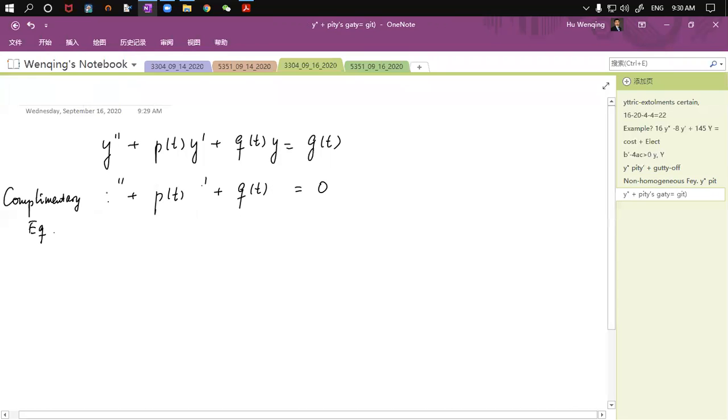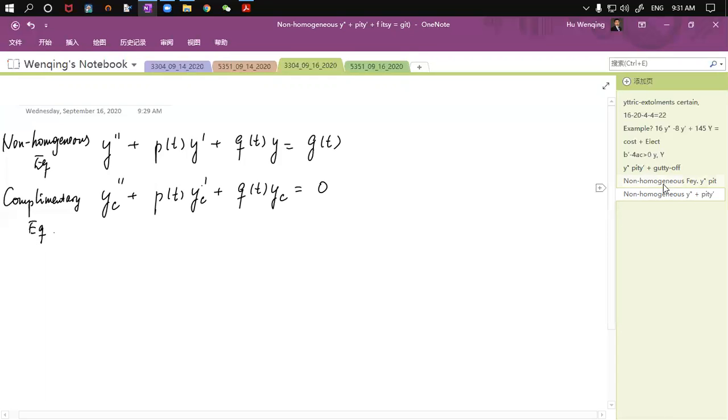The subscript c stands for complementary. Complementary equation means that it complements the non-homogeneous equation by removing the right-hand side. So that's the complementary equation.